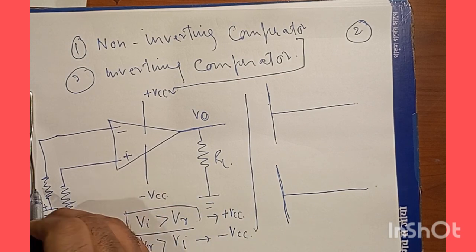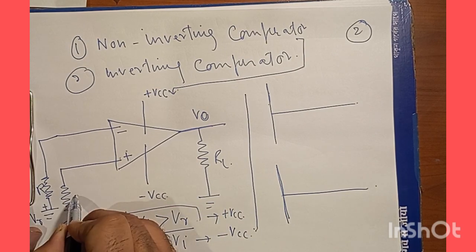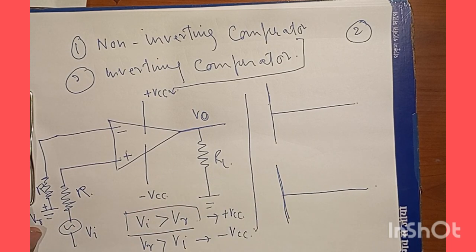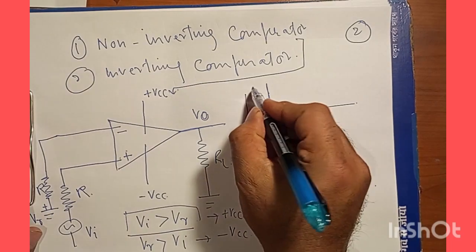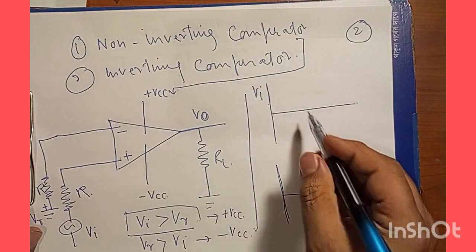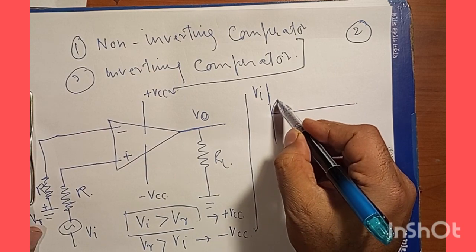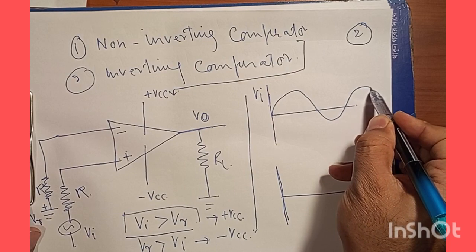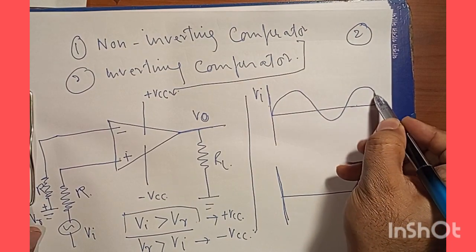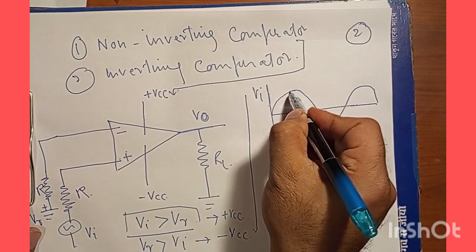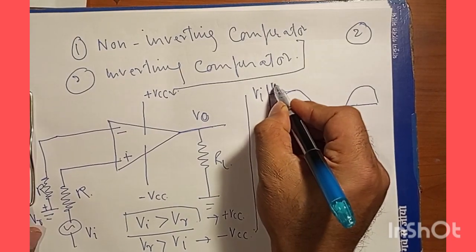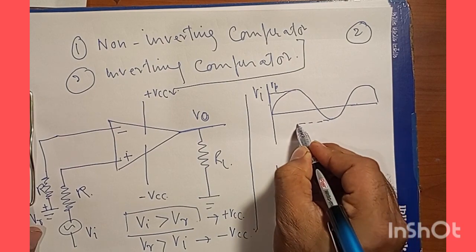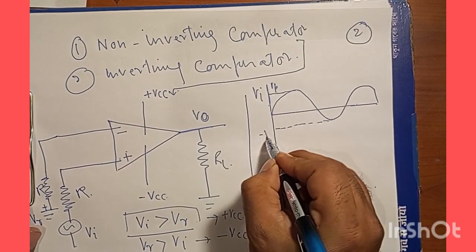And let me have this resistance as R, this resistance as R. Now say this is VI. So this VI is in the form of a sinusoidal wave. So this will be its peak voltage, say Vp, and this will be its minus Vp.